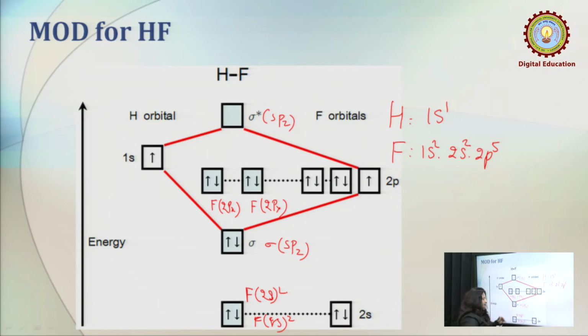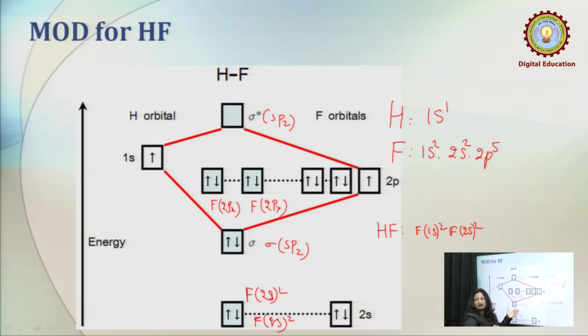So whenever we write the electronic configuration for HF molecule, how do we write? Let us try to understand. This is fluorine 1s2, right, and again fluorine 2s2, right, which remain unaffected.